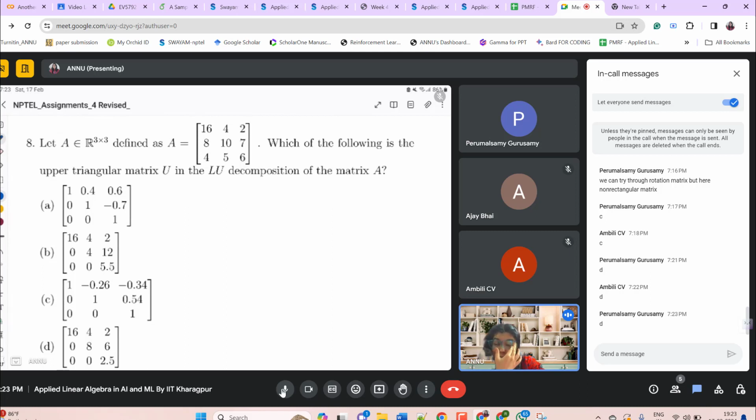I'll definitely give you some tricks to solve LU decomposition and QR decomposition. I'm also getting confused because that was not very clear in the videos. But if you have any suggestion or guess, let me know. We can see all the four options are upper triangular.